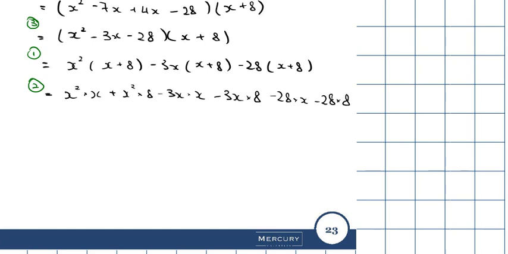Then I'm going to multiply out the terms to make my life a little bit simpler. So x squared times x is x cubed. Here that's 8x squared minus 3x squared minus 24x minus 28x minus, wow, that is 28 times 8.